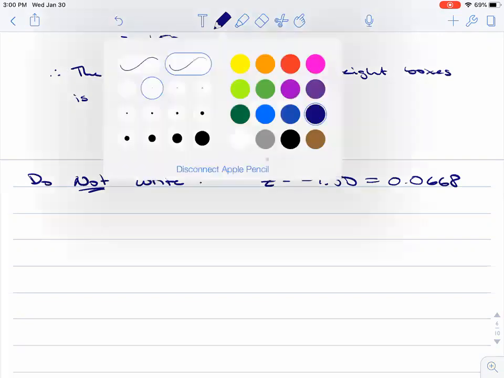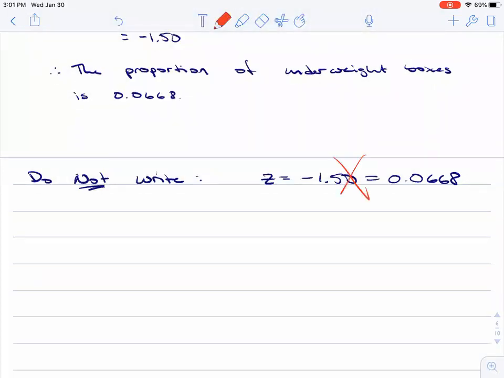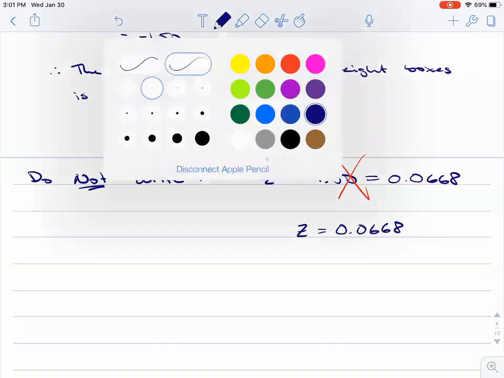You want to be careful, especially with equal signs, because I'll be a stickler with them. That's not true. If you try to tell me this, I will have to take marks off. That is true. Even if you tried to tell me that Z is 0.0668, that's also not true. I don't want to see that either.